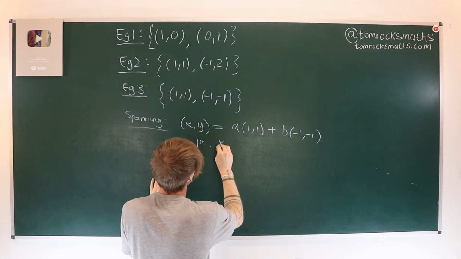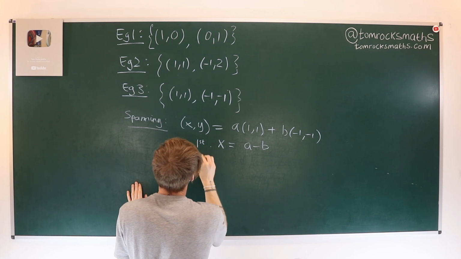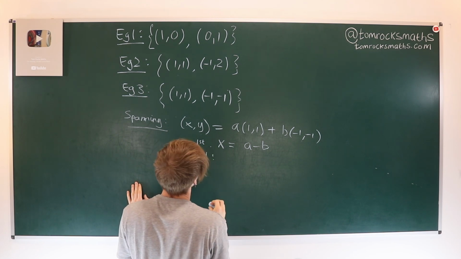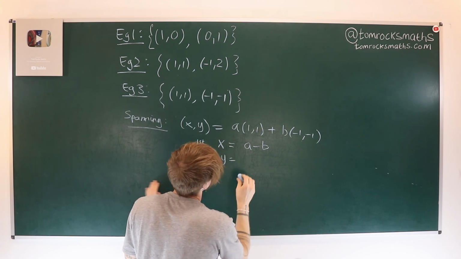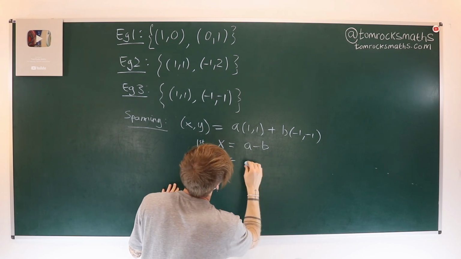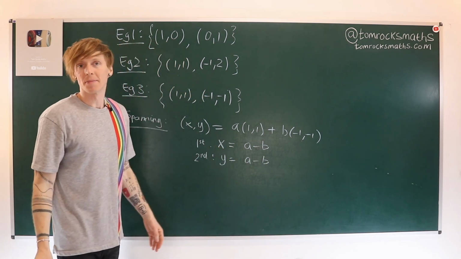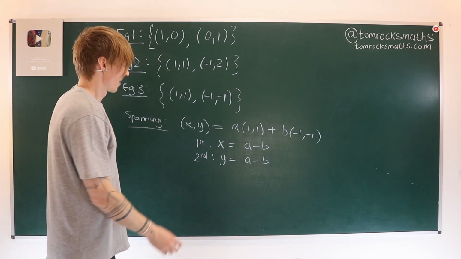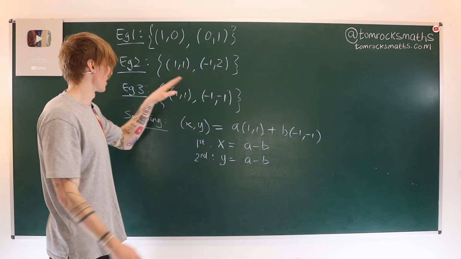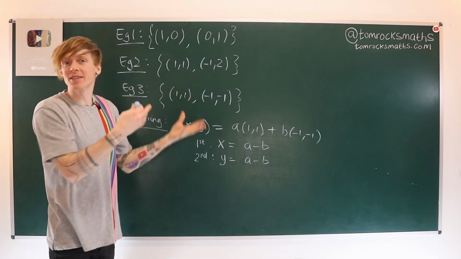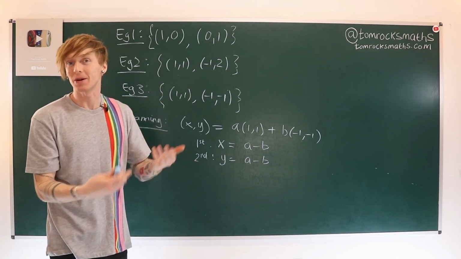So if we follow our usual method, let's look at the first coordinate. We've got x is equal to a minus b, and then our second coordinate, what does that tell us? That tells us that y is also equal to a minus b. So this is a problem, because x and y, according to this, are going to be the same, but for any point in the xy plane, we are allowed to have x and y differing.